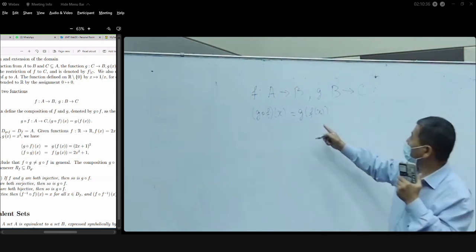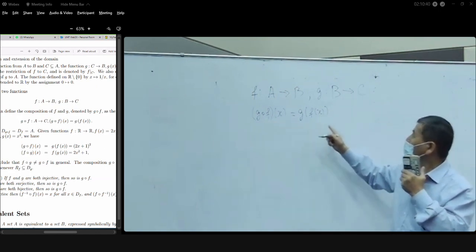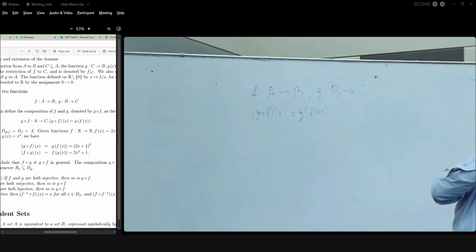So now the composition of f and g maps from where to where?